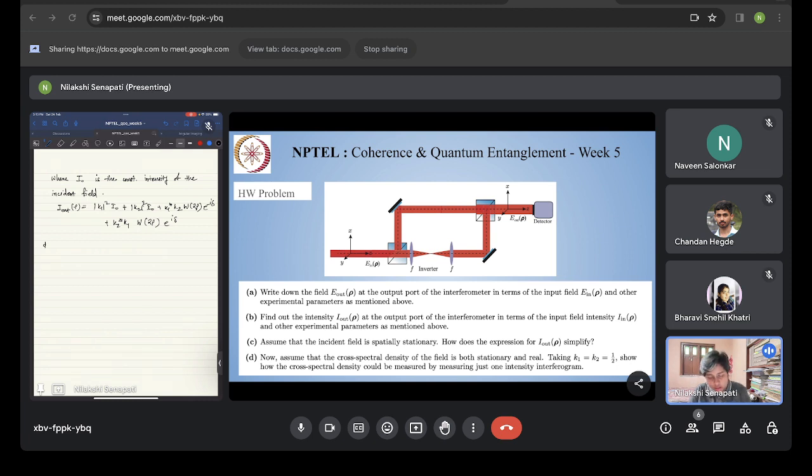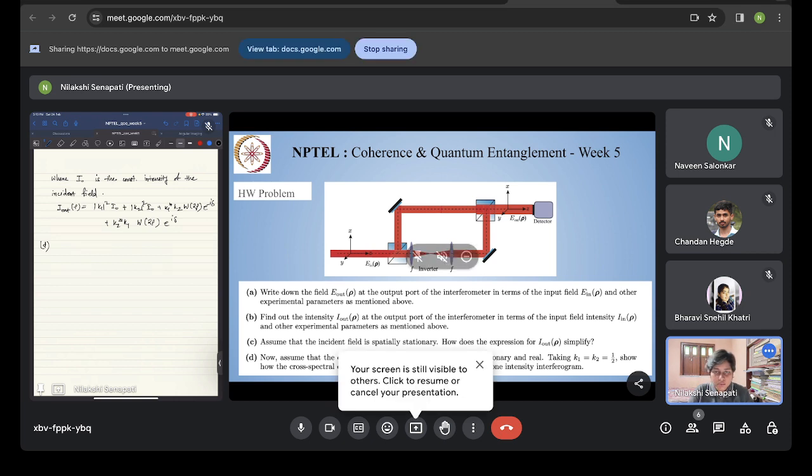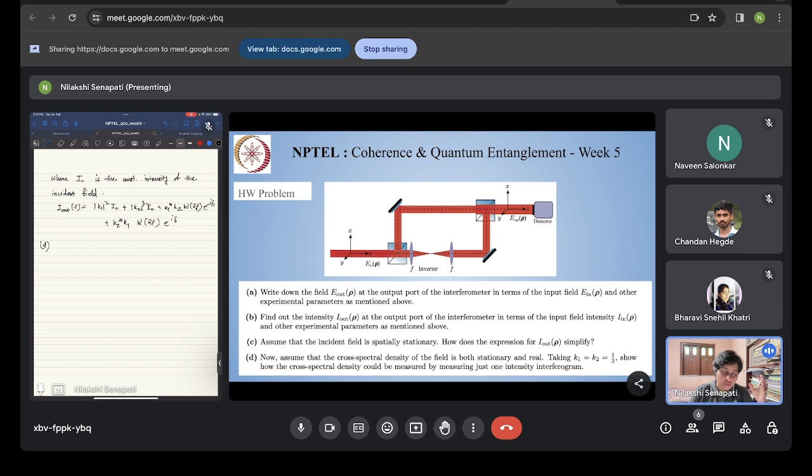I have already given you this as a homework problem. I hope you have understood what it is telling, that you just need to take one interferogram, that means this is a one shot measurement, you will measure once, and you need to get the information about the cross spectral density, and how will you do that if k1 equals k2 equals half.